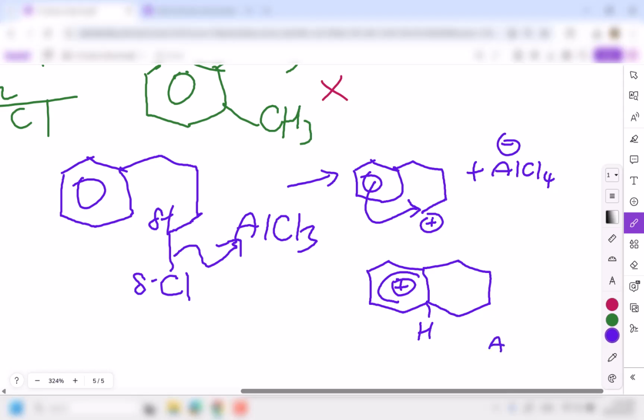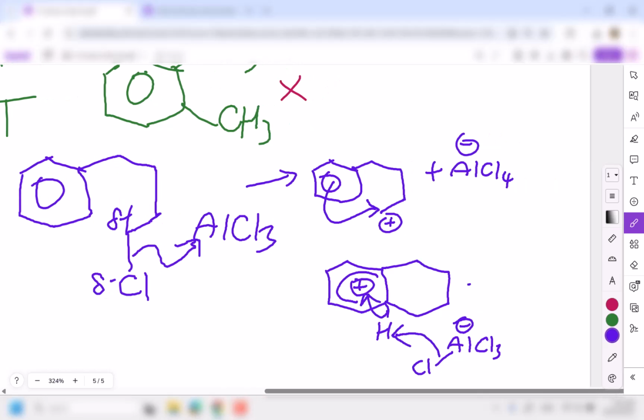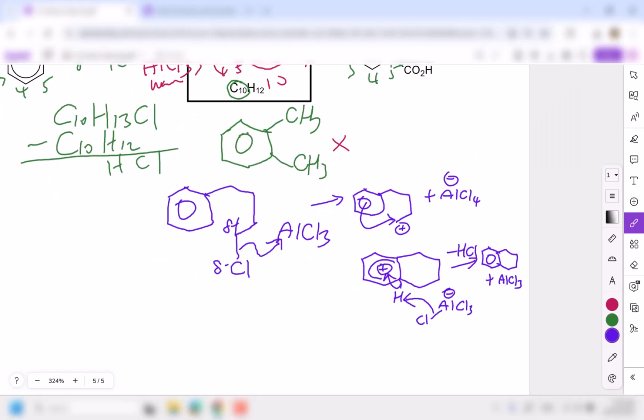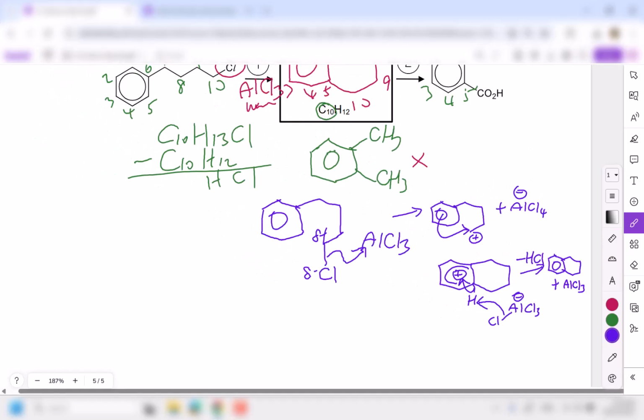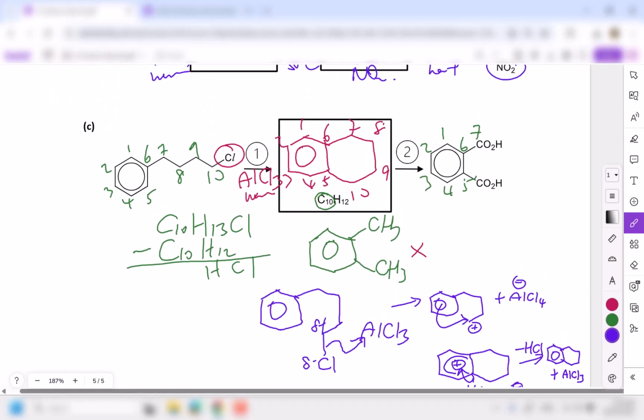Of course, I will need AlCl4 minus to grab the H, and eventually HCl will be lost. AlCl3 will be regenerated, and I will get a product that looks like this, plus AlCl3. After that, I'll perform side chain oxidation.